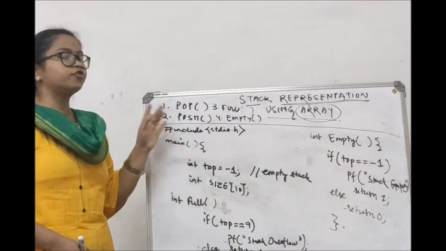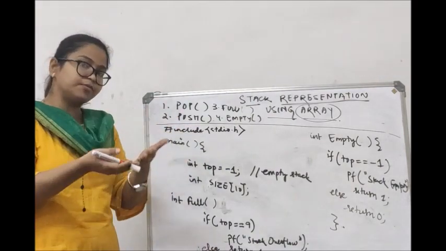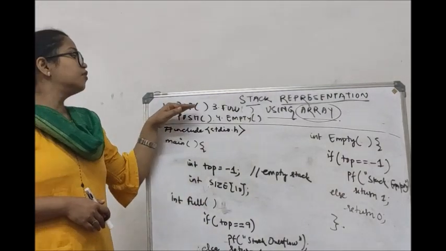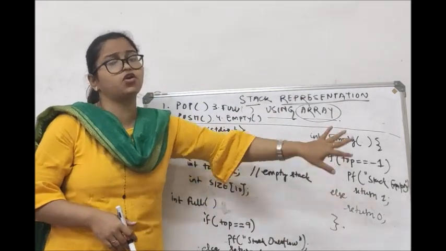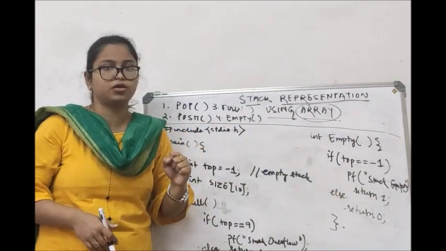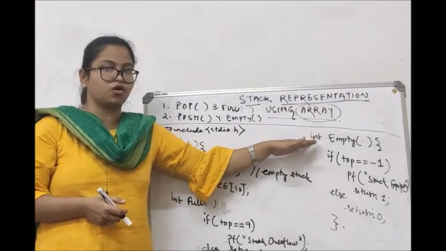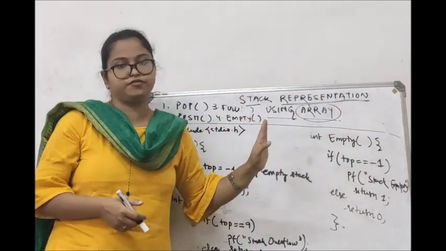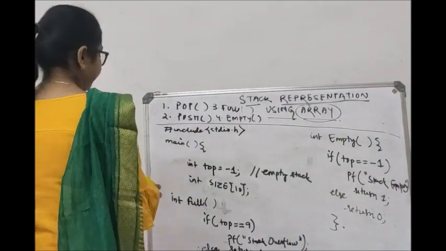If the stack is already full, we cannot push. Similarly, for popping, first we need to know whether it is already empty. If it is already empty, we cannot pop, because there is no element. So make a note of it. I will rub it out.